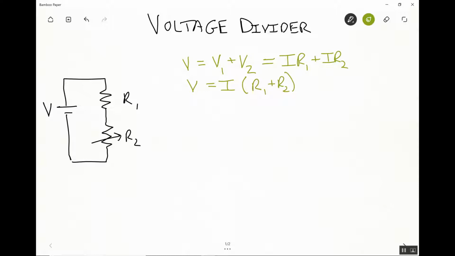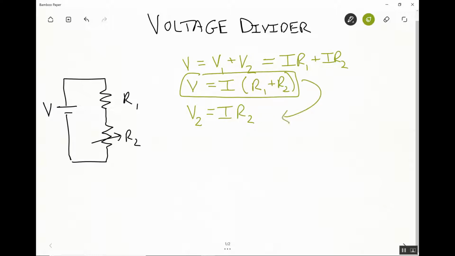Okay, we also know that if we just look at V2, the voltage used by R2, it would equal current times R2. All right, and so what we can do is we can take this equation right here and solve it for I, and then plug that in for I down here. So if we solve that for I, we get I equals V divided by the total resistance.